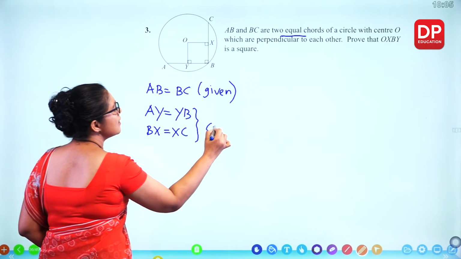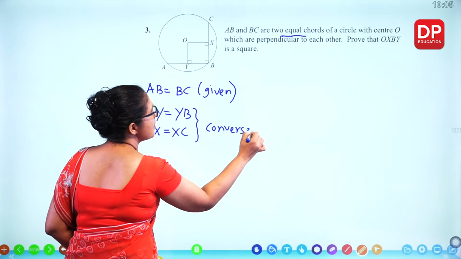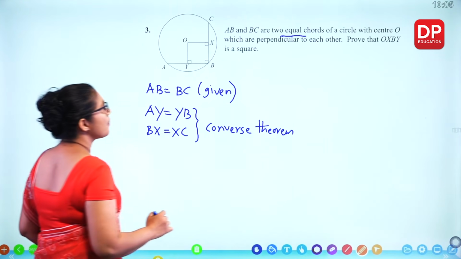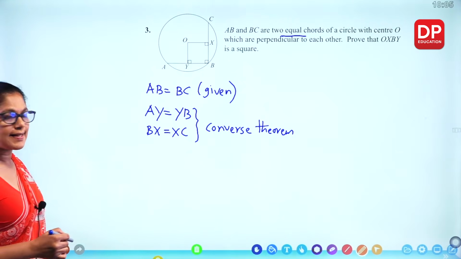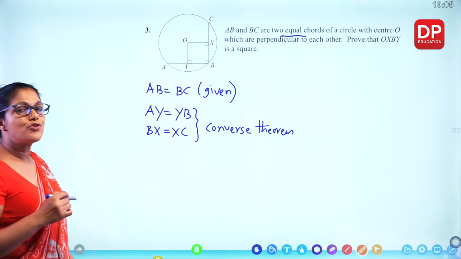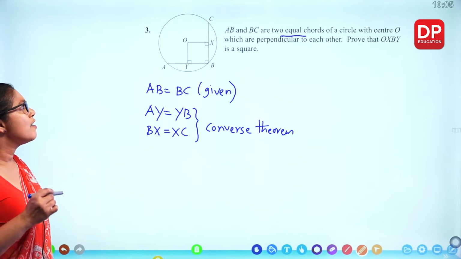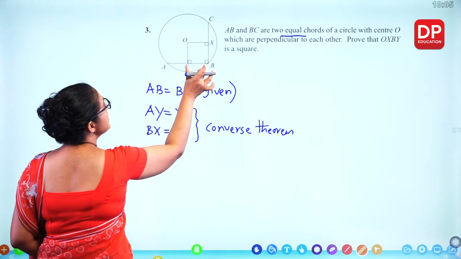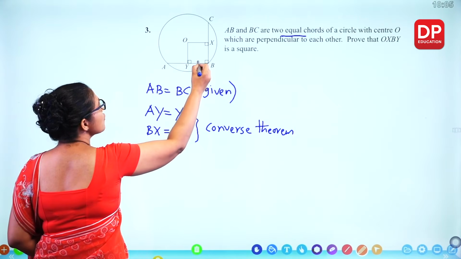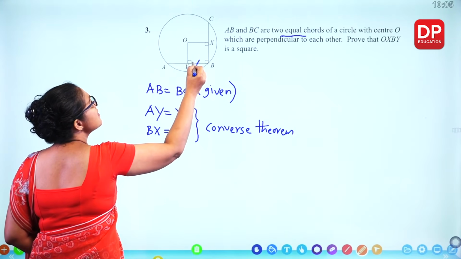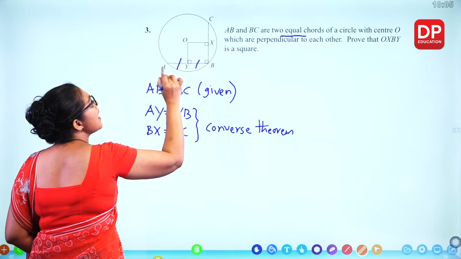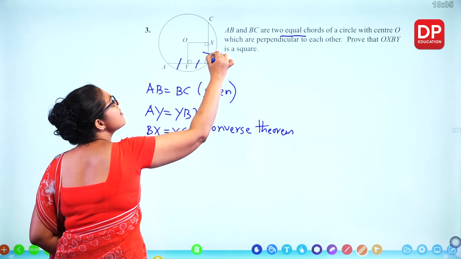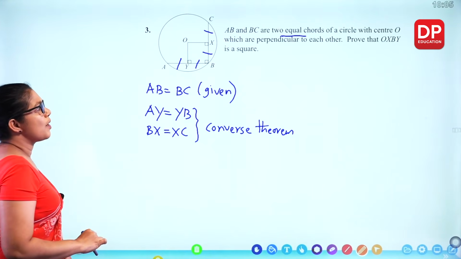That's the Converse theorem, because the chord bisects when you draw a perpendicular from the center. So when you multiply by 2, this is equal to this, but as AB is equal to BC, this is also equal to this one.